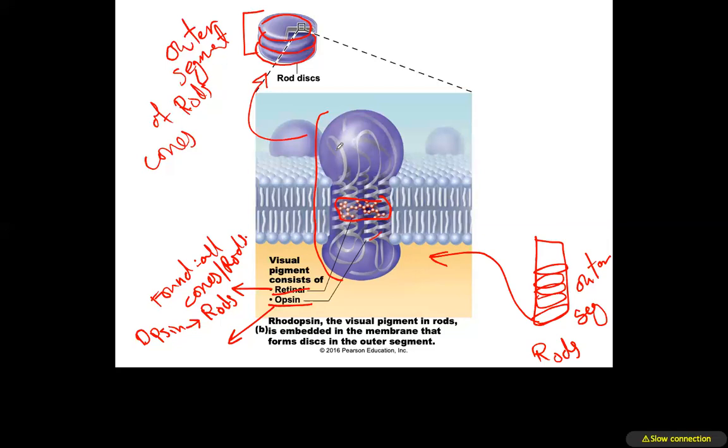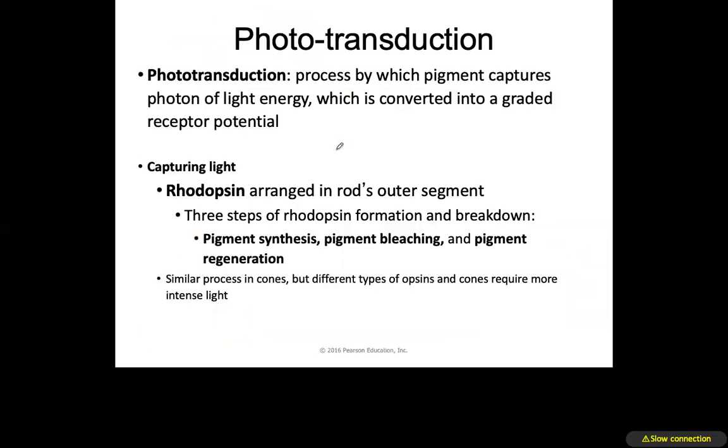Okay, so let's continue. Phototransduction, which is what I keep talking about in terms of creation of the image, is a process by which the visual pigment, which is your rhodopsin in terms of rods, is going to capture photons of light, and through that create an image in the presence of dim light.